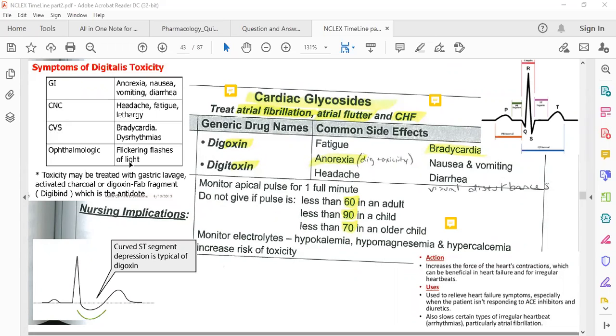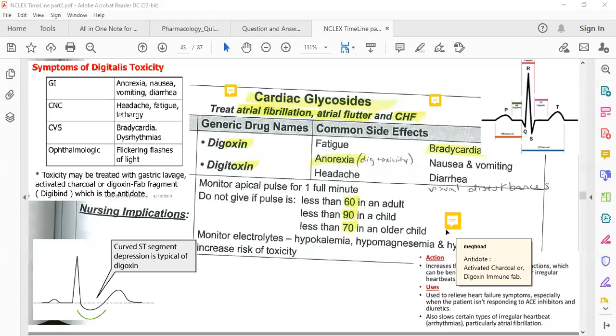What we need to know for the board exam: the warning sign of toxicity in infants and children is bradycardia, right? So if you see the patient has digoxin toxicity, we give them an antidote.